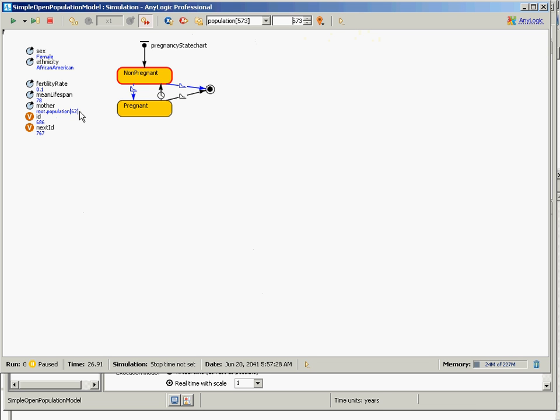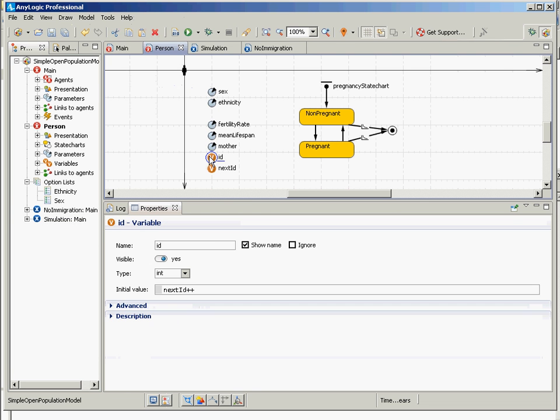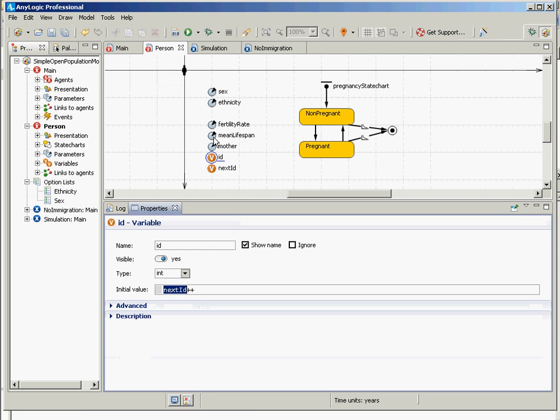Yes, Wicho? Oh, sure. Okay, so there's a variable called ID. It's an int, and it takes its value from next ID, and it increments next ID at the time. It changes it to be one more. So it reads it, uses that value, and increments it to be one higher.